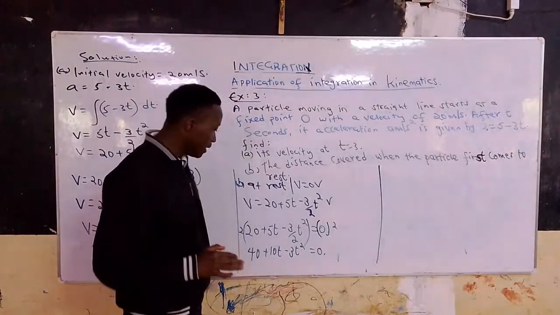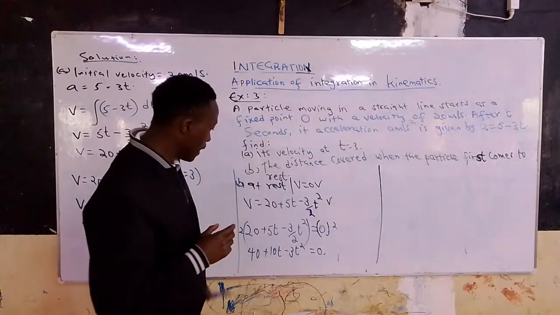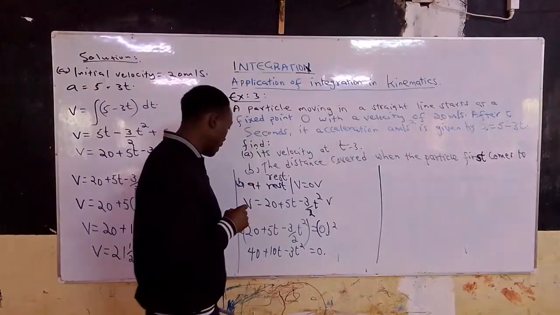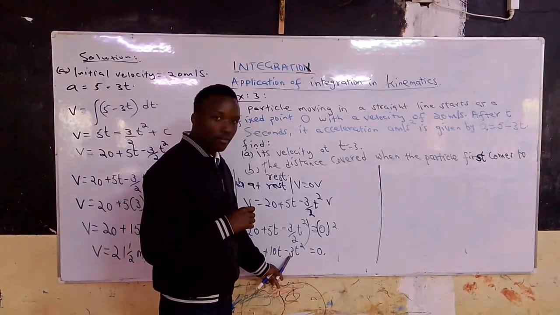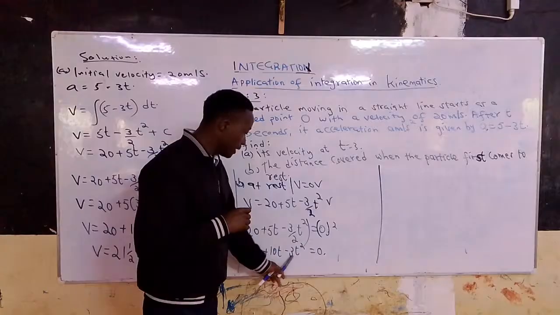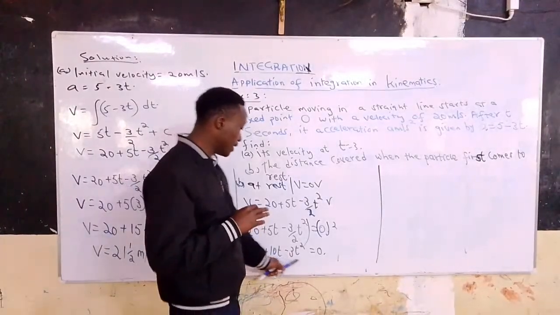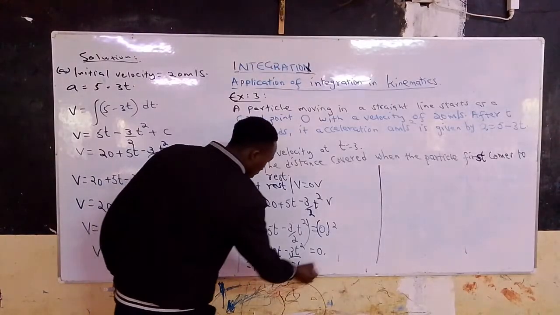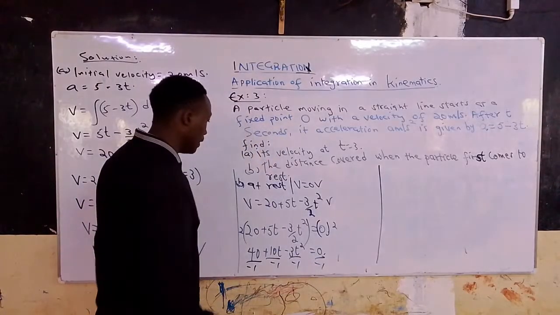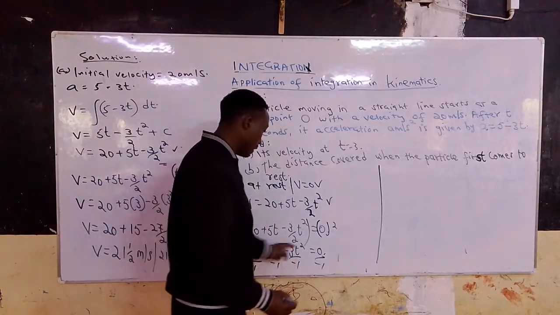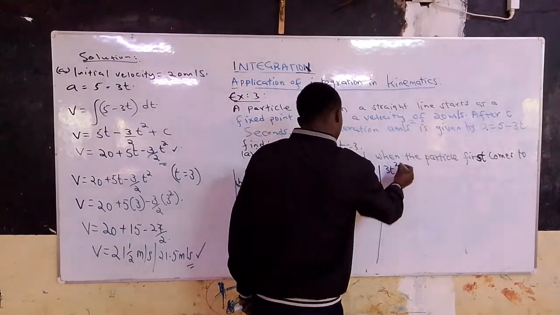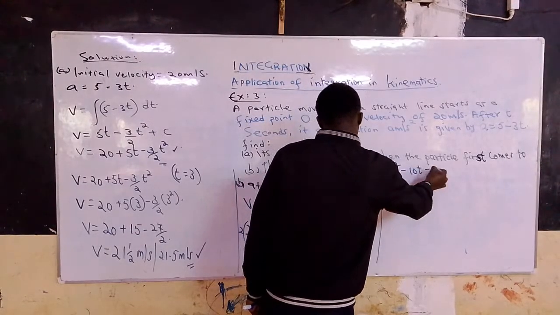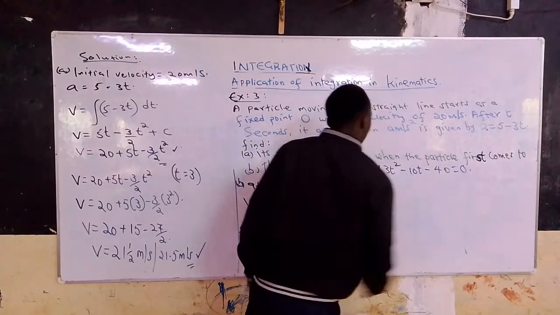Having this as a quadratic equation, we can make the highest degree term's coefficient positive, so we can divide by negative 1. Once we do that, we will have 3t squared minus 10t minus 40 is equal to 0.